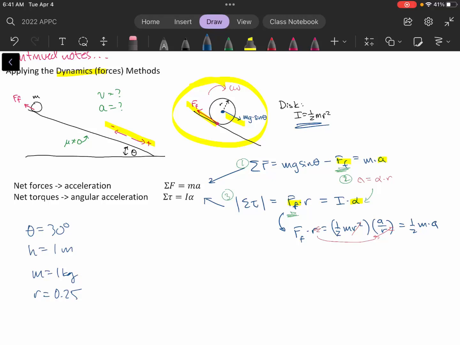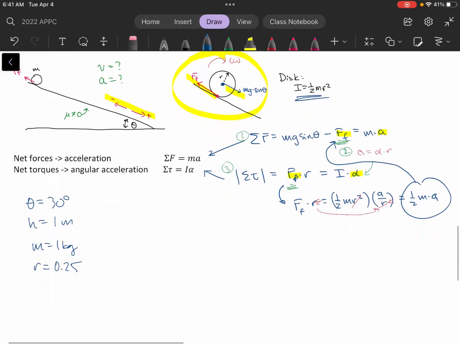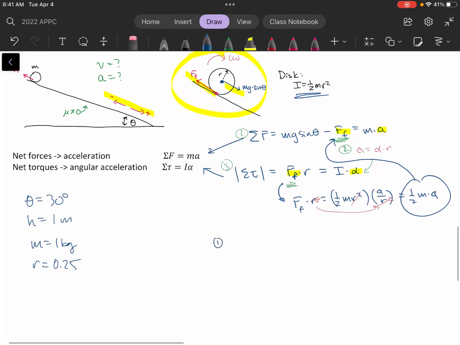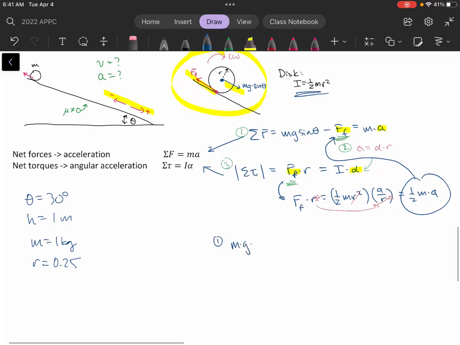Interesting. So we can take this now and plug it back in up here for the force of friction, and then we can do a whole bunch of algebra. Everybody's favorite thing to do. So if I take my equation 1 there, I'd have m times g times sine theta minus 1/2 m times a equals m times a.